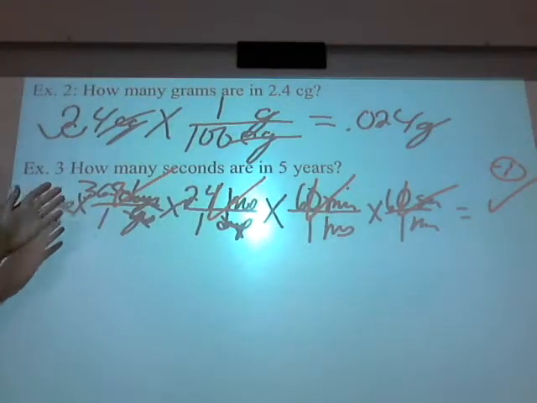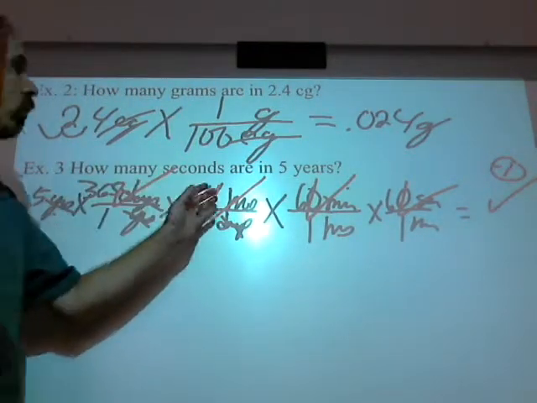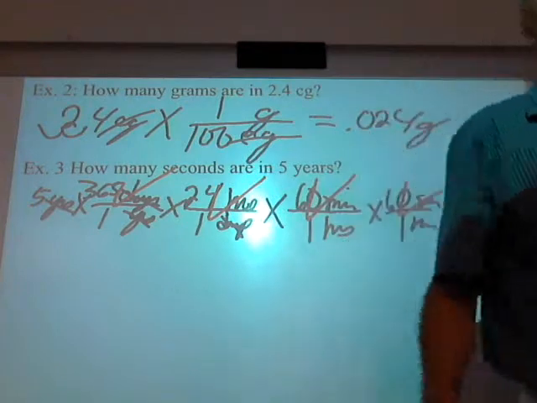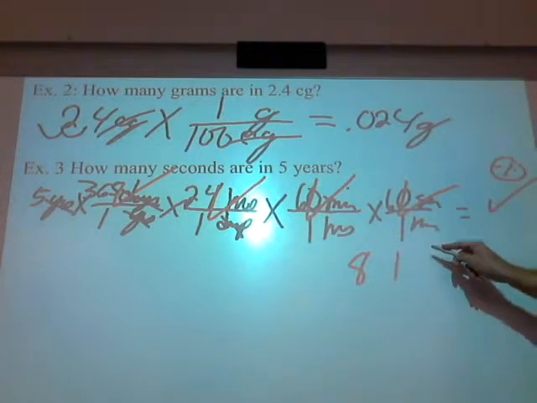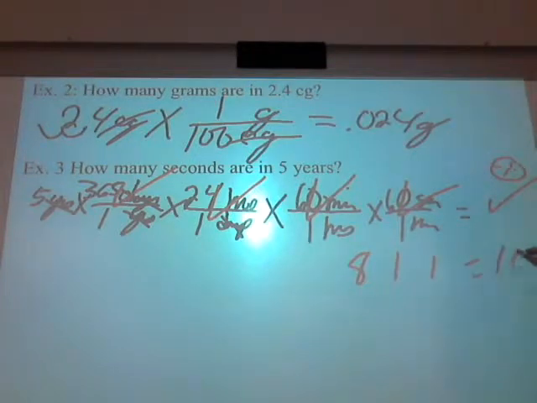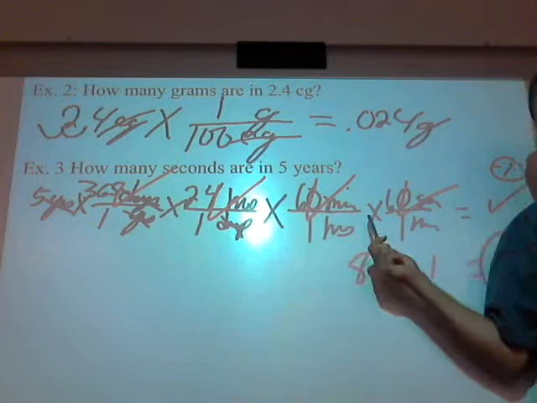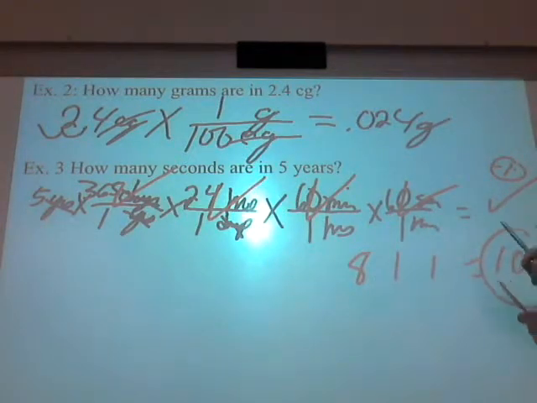And each of those would probably be worth about 2 points apiece. 2, 4, 6, 8. That will be 8 points for that, 1 point for the answer, and 1 point for significant figures. And that probably would be worth about 10 points. So if you set all that up and you show me all this work, the most you'll be able to lose is 1 point. Okay?